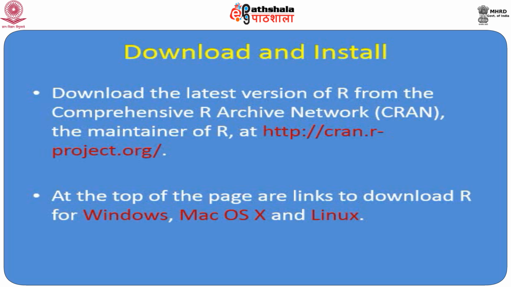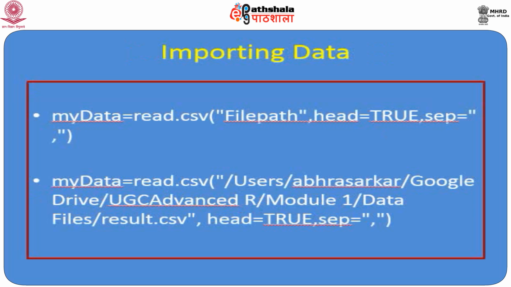Now, a number of operating systems are there that we use. You can download and use R in each of them. At the top of the page of the CRAN website, there are links to download R for Windows, Mac operating system, and Linux.